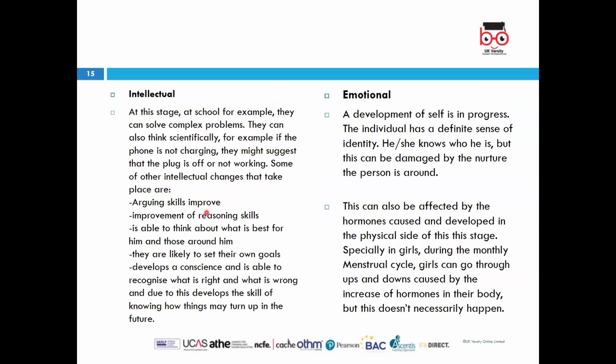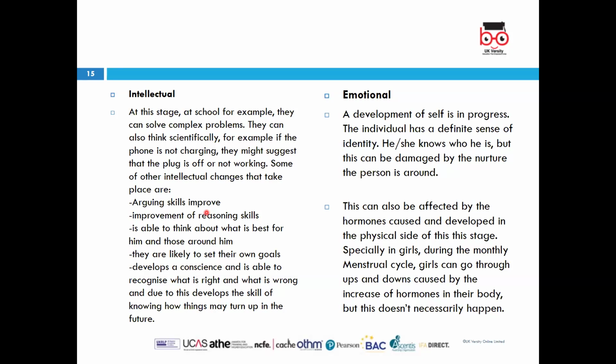Then there are different aspects of growth at this stage as well, when they're not children, they're adolescents. So there's again a set of different growth aspects here. You'll see intellectual growth at this stage. They're at school, they can solve problems, they can also think scientifically. If the phone is not charging, they might suggest that the plug is off.